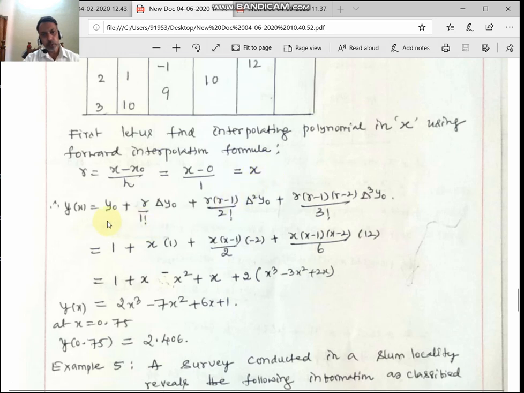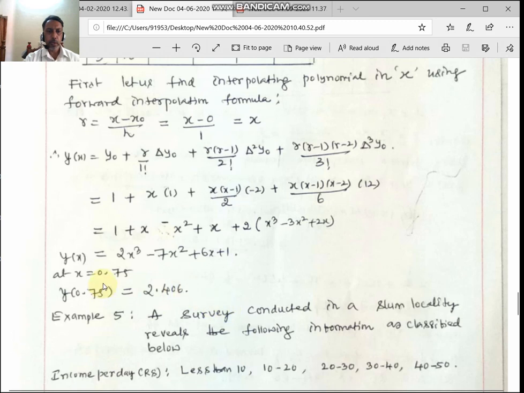And by the forward interpolation formula, write r is equal to x, del y naught value, del square y naught value, del cube y naught value. Substitute and simplify, you will get y of x is equal to 2x cube minus 7x square plus 6x plus 1, and this is the required polynomial.